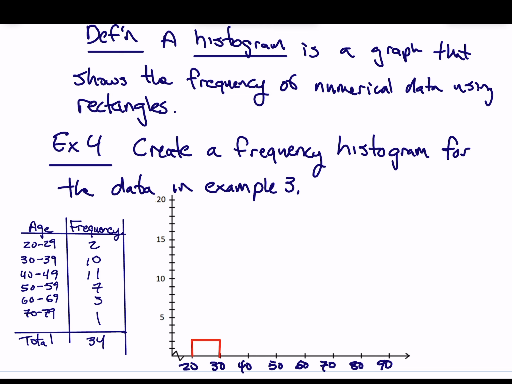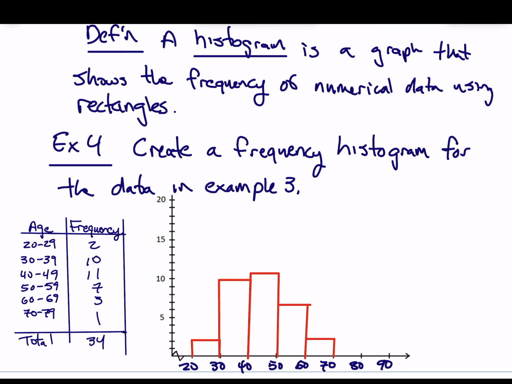For 30 to 39 we are at 10. And so we draw our box there. From 40 to 49, we are at 11. From 50 to 59, we're at 7. From 60 to 69, we're at 3.